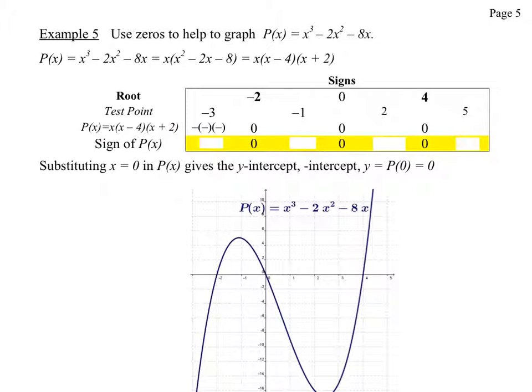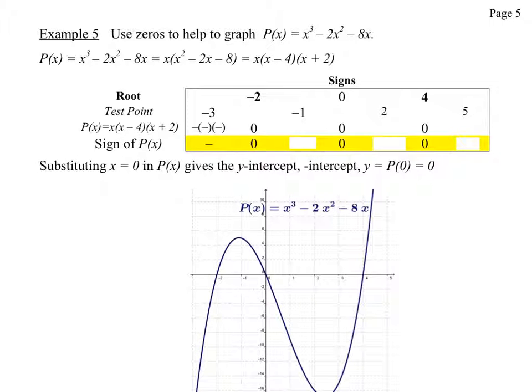When you multiply those all together, you'll get a negative. And that tells us that we're going to have a negative y-coordinate. We're going to be below the x-axis, somewhere down here.